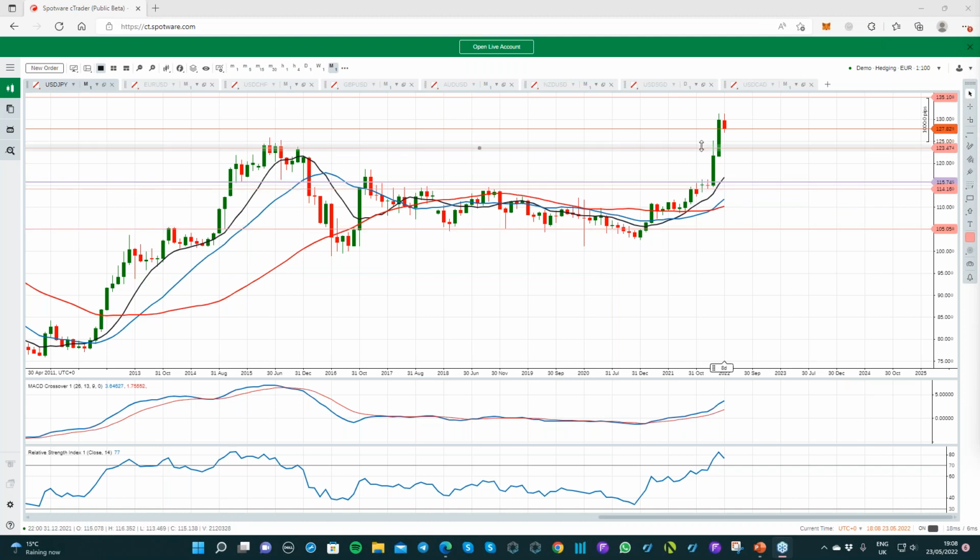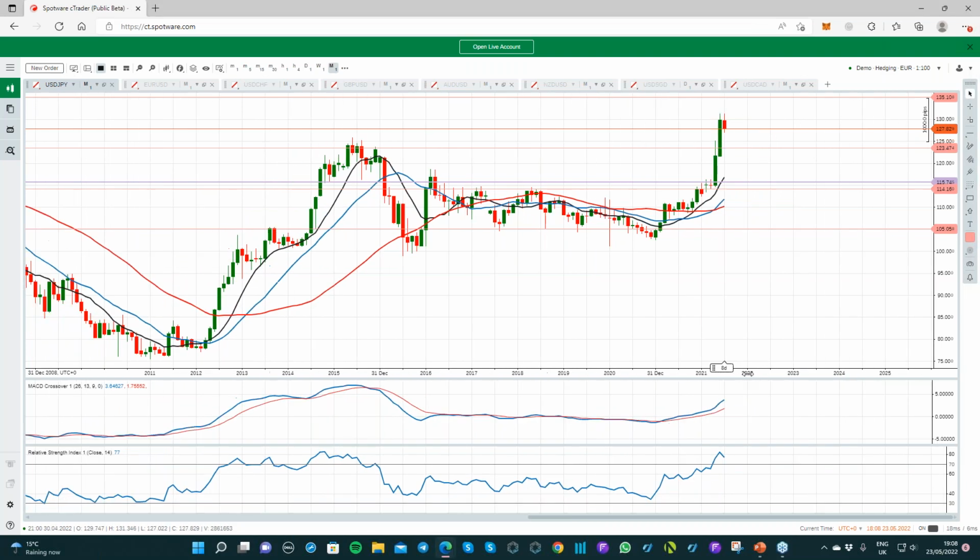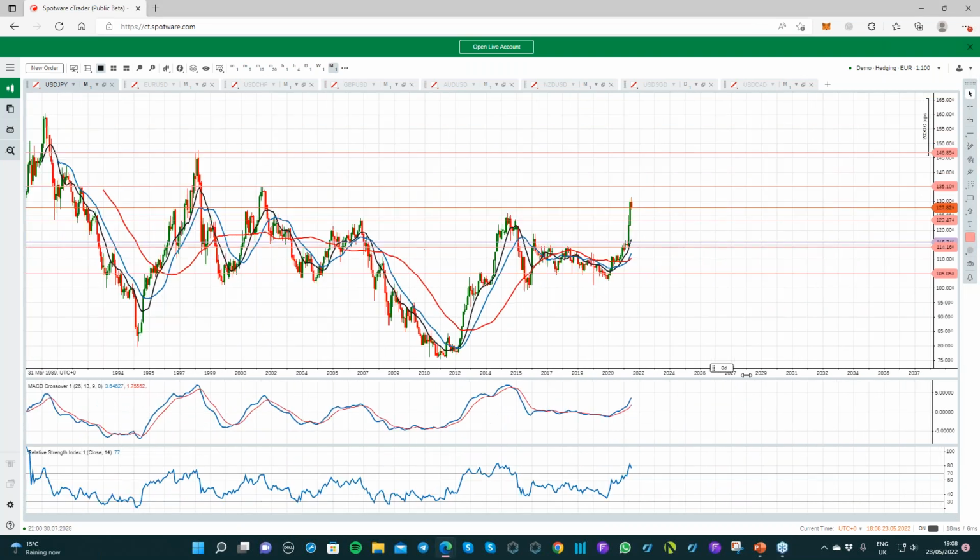The most relevant horizontal levels I have drawn in here, I will just show you where they come from on this monthly time frame. The level just beneath price here is around 123.47, 123.5, around about that area, and that is based on this previous high over here.